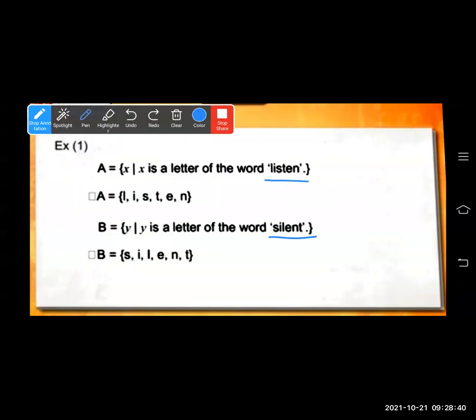We will cross-check. L is there, I is there in both. S is common, T is common, E is common, and N is common. That means all the letters are the same. Though the elements of sets A and B are not in the same order, the elements are identical.